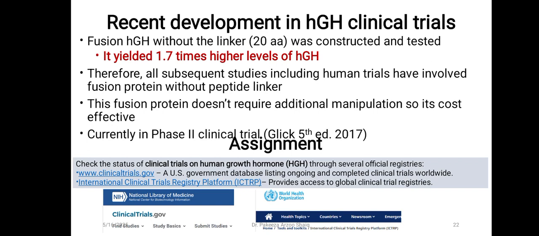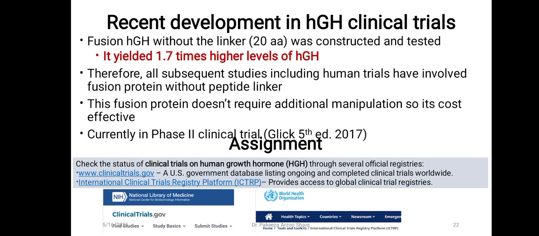So the recent development in human growth hormone, if we see how it behaved in the clinical trials, you will be happy to know that the fusion human growth hormone without the linker was also constructed and tested, and it yielded 1.7 times higher levels of the human growth hormone. So when the linker was missing, the receptor portion remained there. Therefore, all subsequent studies, which included human trials, are now using the fusion protein without the linker, and only the receptor protein is present.